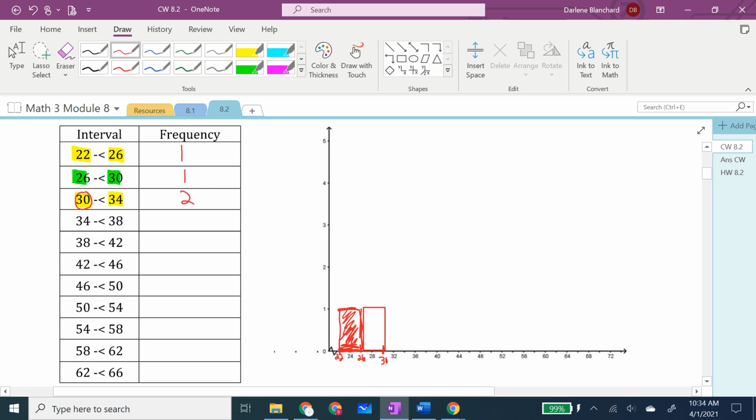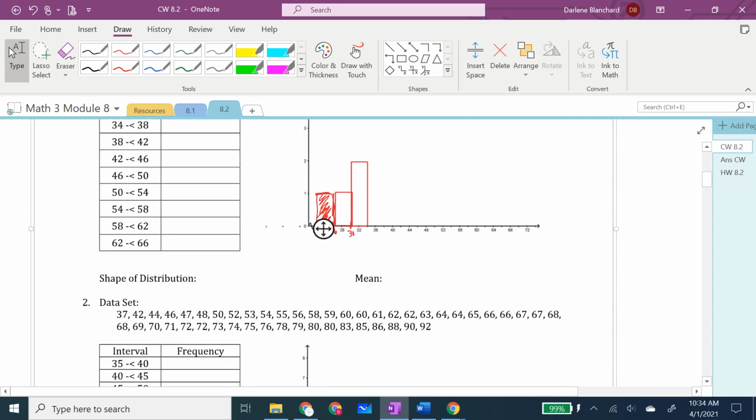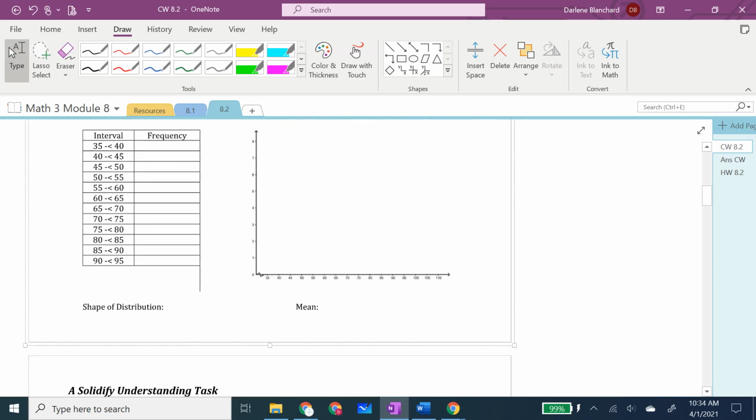So right there, frequency of 1. I'll draw my next rectangle. Meanwhile, you guys are figuring out your frequency. I'm trying to make my rectangles the size I intended. And there you go. And you're just going to continue doing that with both of these first 2 problems. Keep working on that.